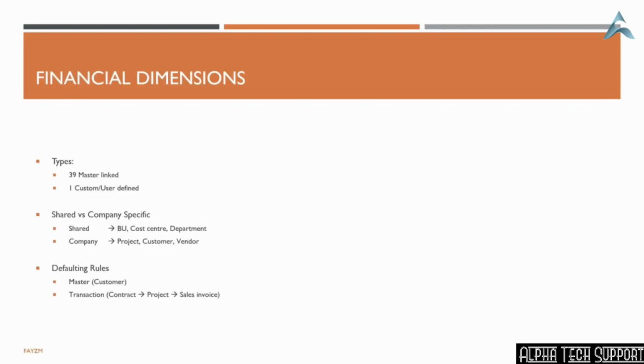So the typical example is that if you have a new customer created and you know that this customer belongs to a specific business unit, a specific division, or a specific cost center, you can capture these financial dimensions at the customer master level. So when a sales invoice is created for that specific customer, these financial dimensions will default from the customer master: the business unit, division, and cost center will default from the customer onto the transaction level.